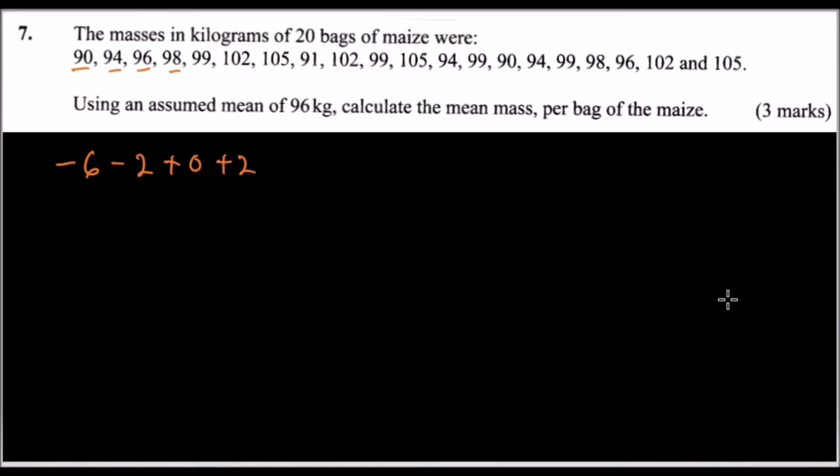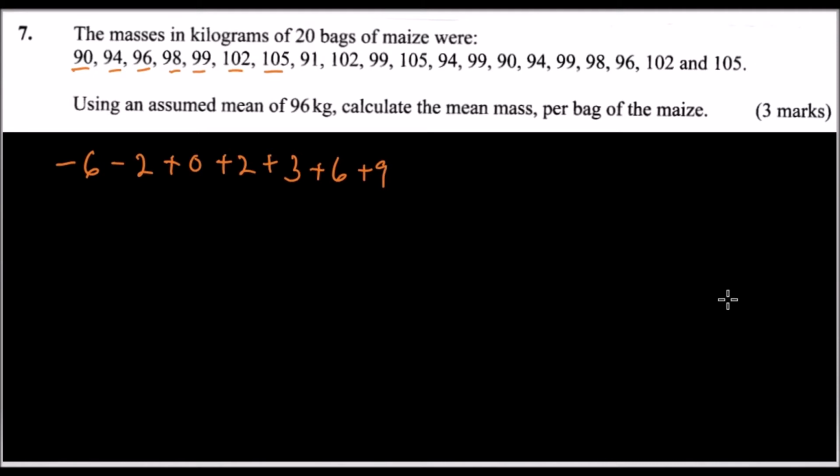Then 99 minus 96 gives positive 3. Then 102 minus 96 gives positive 6. Then 105 minus 96 gives plus 9.